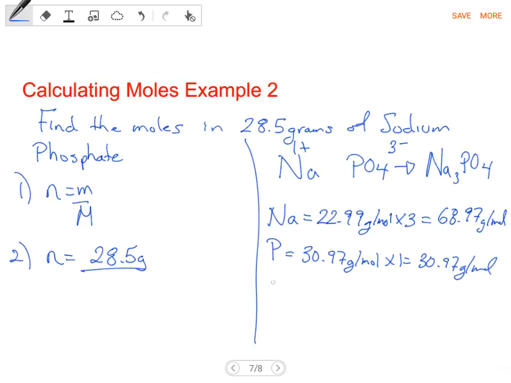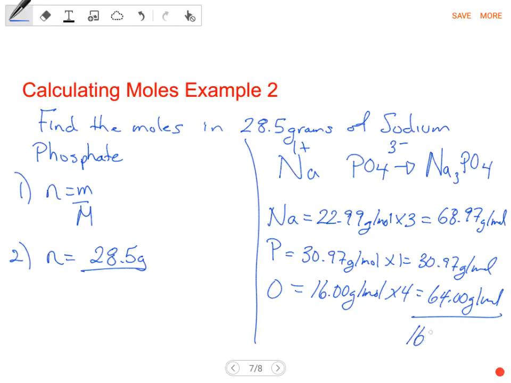And then how many oxygens do we have, everybody? It should be 4 of them. 16 grams per mole times 4, 64 grams per mole. I'll total this up, plus 30.97 plus 68.97, grand total of 163.94 grams per mole. That's your molar mass.